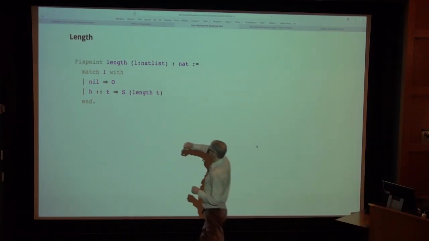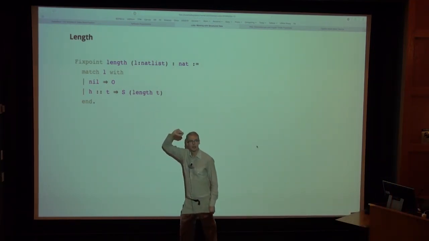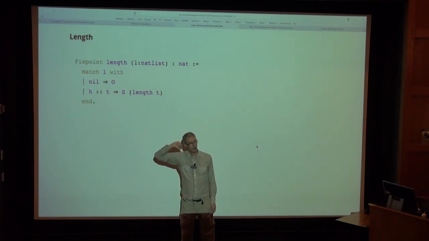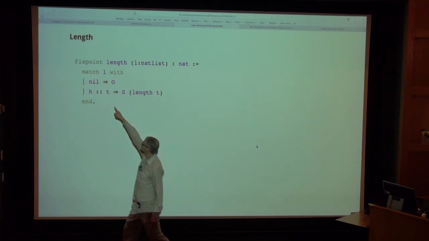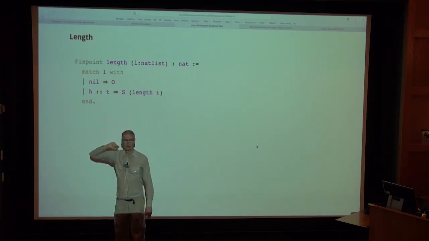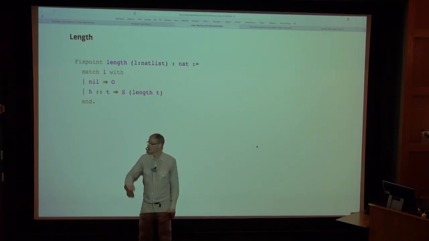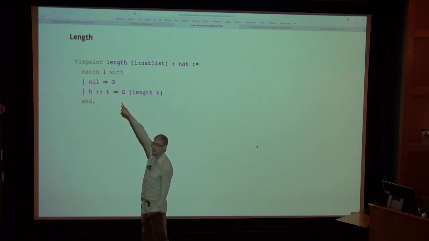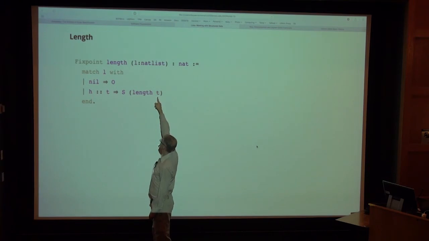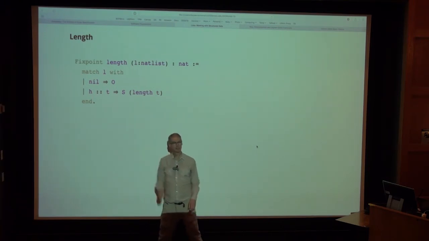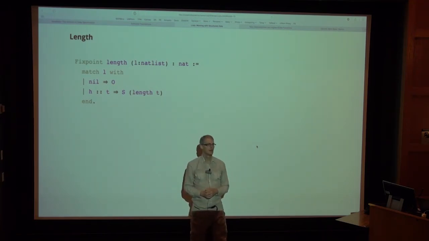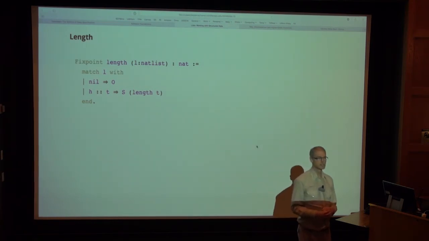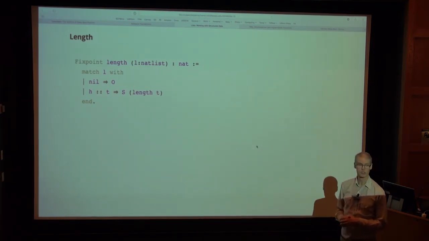So here we make a recursive call to length. How do we know that that recursive call will always terminate eventually? Because this t is a pattern variable that was obtained by pattern matching against the L that's the argument to the function, in the same position as the t here. So it's just syntactically obvious that t must be a subtree of L. And this is exactly the reasoning process that Coq's termination checker does.